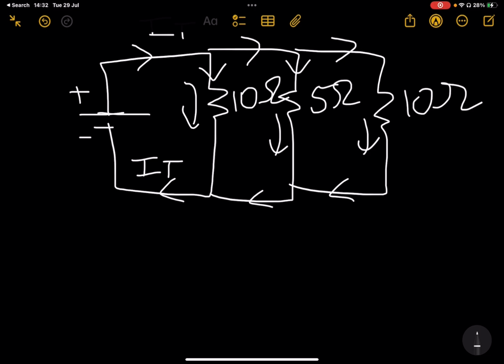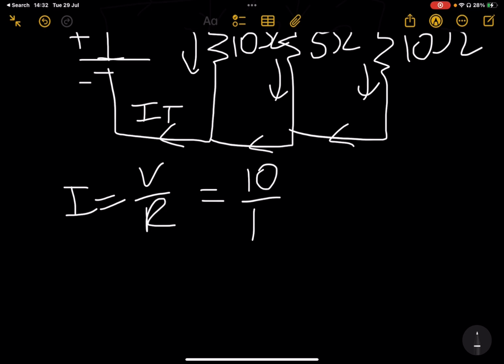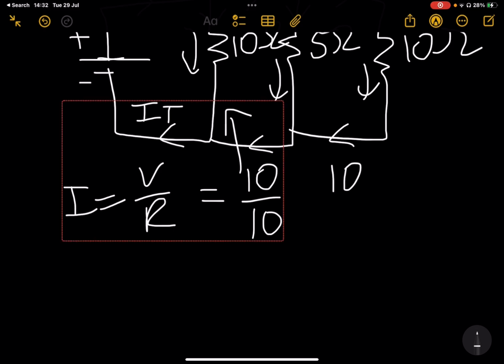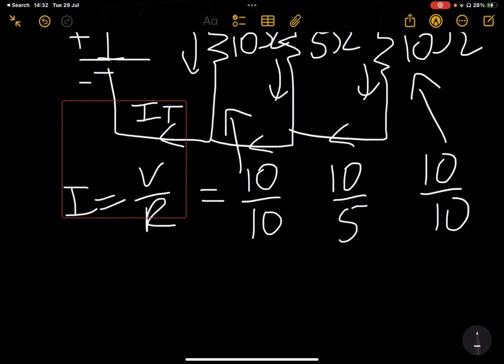So now let's look at it quickly. Let's state that our current in each one of the branches is going to be I equals V over R, which is Ohm's law, right? 10 divided by 10 is this one over here. 10 divided by 5 is that one over there, and 10 divided by 10 is this I3.